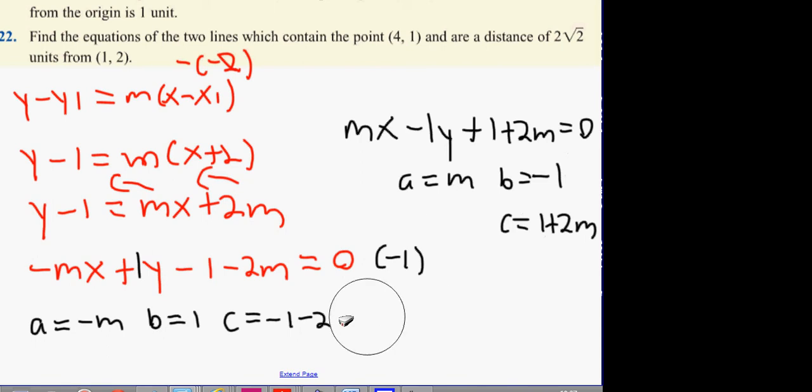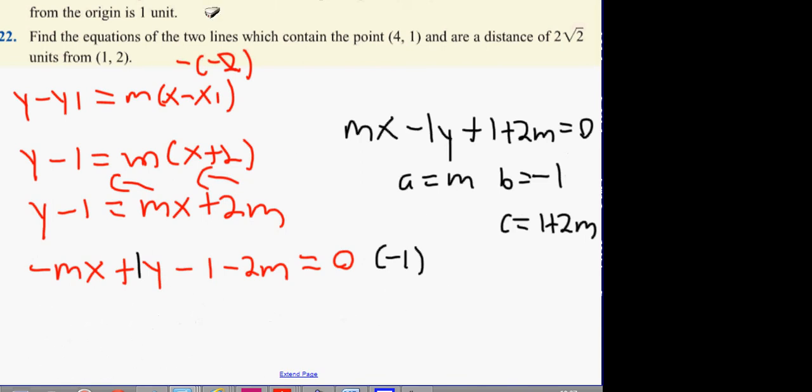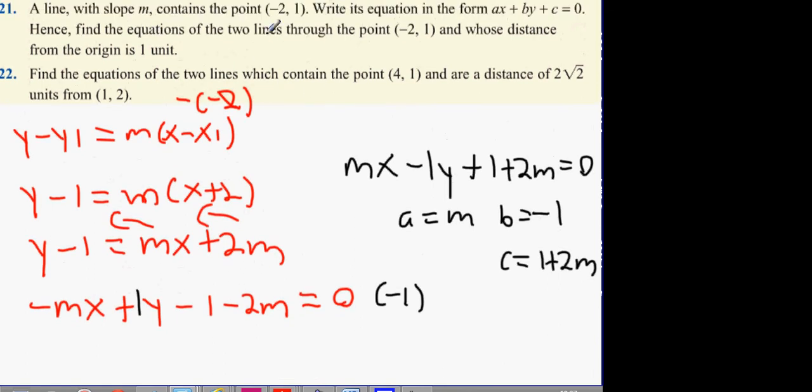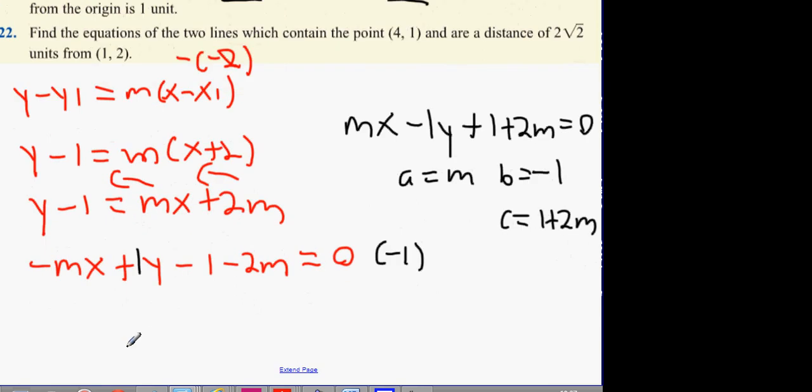Now that I have that done, I'm going to write down the point, hence find the equation of two lines through the point (-2, 1). And this point has two lines going through it, like so. This is your visual aid here.